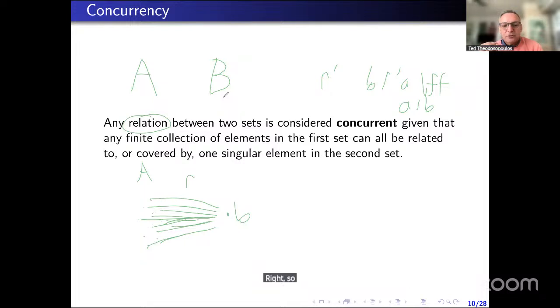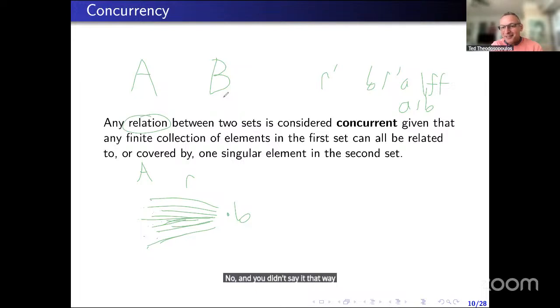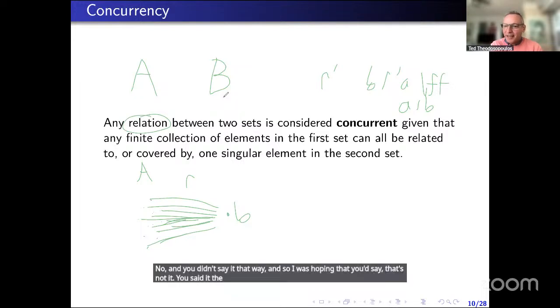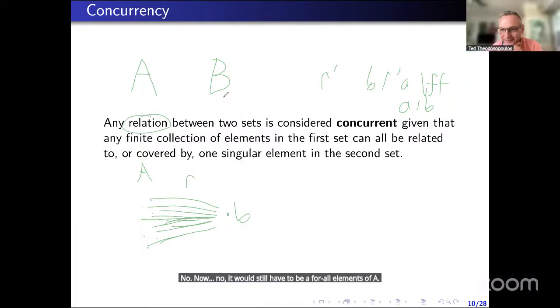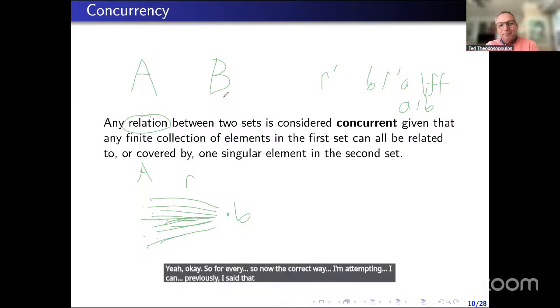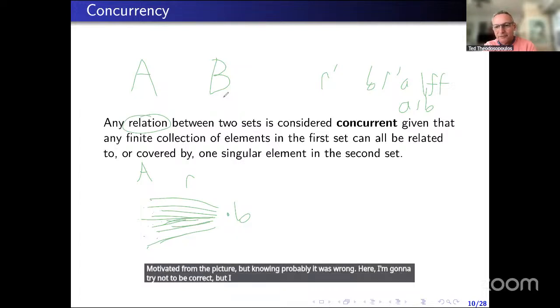Right. So essentially, in the way that you have it written, for every element of B, there's a collection of elements in A that cover it, essentially. That's not quite true, though. No, and you didn't say it that way. I was hoping you'd say that's not it. You said it the other way. It would still have to be for all finite subsets of A. Now, the correct way, I'm attempting. Previously I said that motivated from the picture, but knowing it was probably wrong. Here I'm going to try now to be correct, but I don't have a lot of confidence that it is correct either.